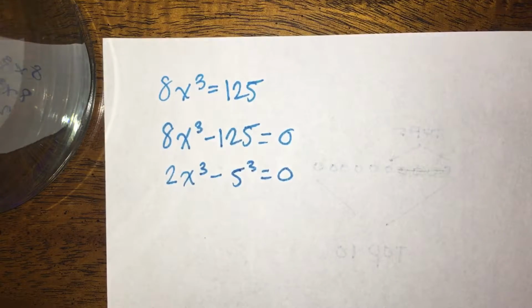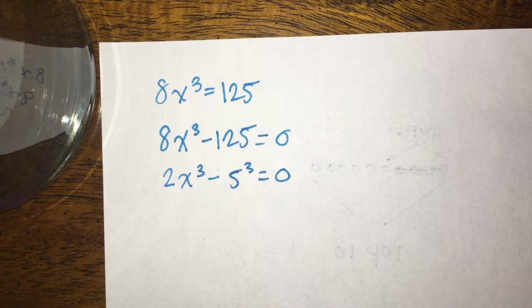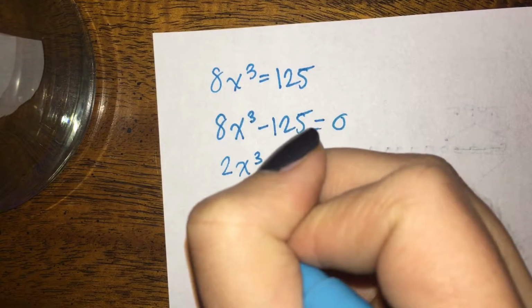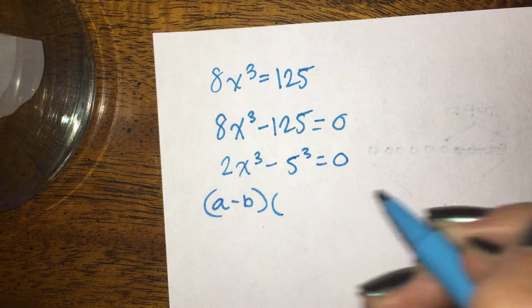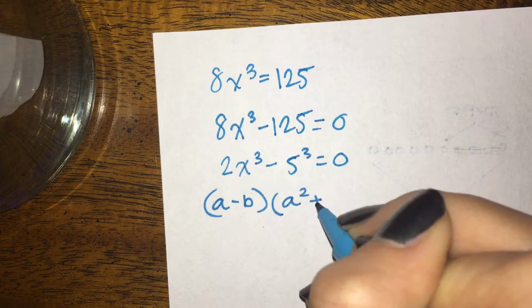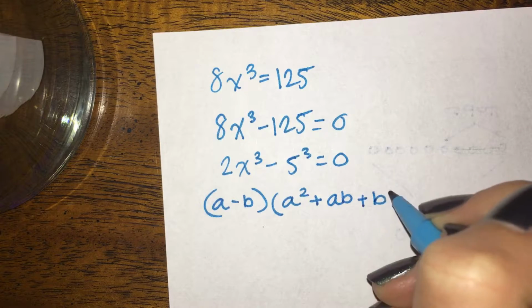Okay, once you have that, you have to put it into the difference of cubes formula, which is a minus b times a squared plus ab plus b squared.